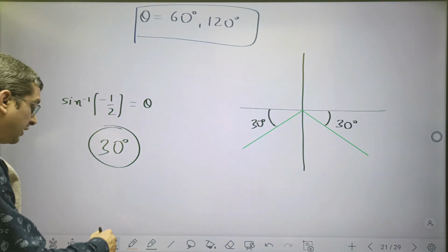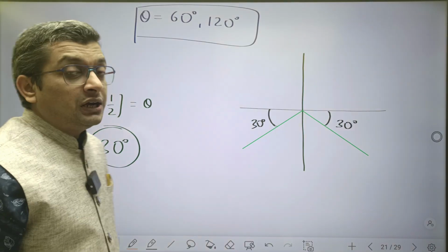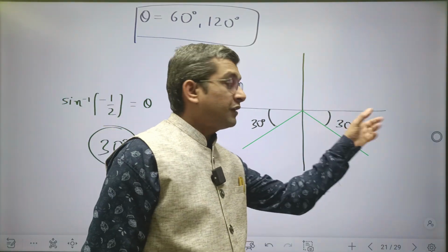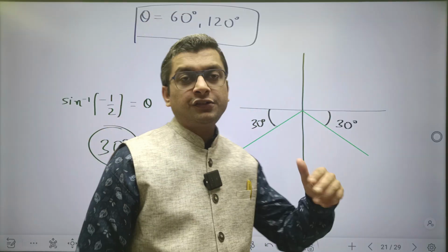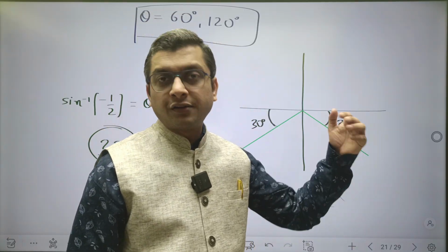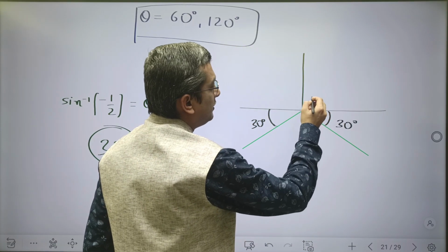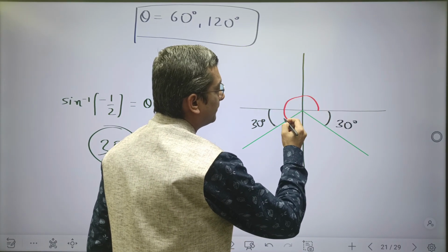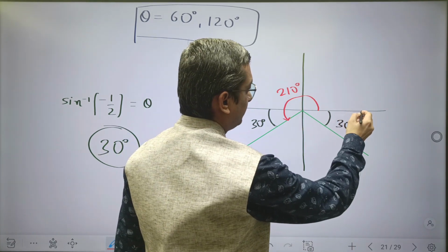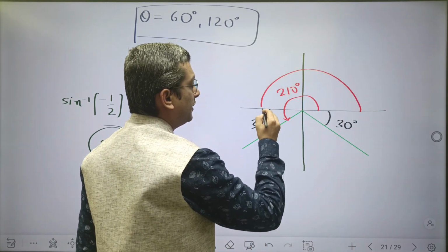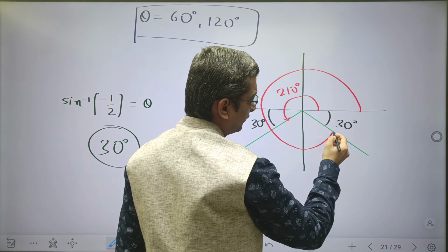But what do we do in the final step? In the final step, we take the angle from the positive x-axis only, that is, the reference line. Because we are in step number 3 and we are going to find the final angle. So since this is 90, 180 plus 30, this is 210 degrees. Second, 90, 180, 270, and this will be 60.